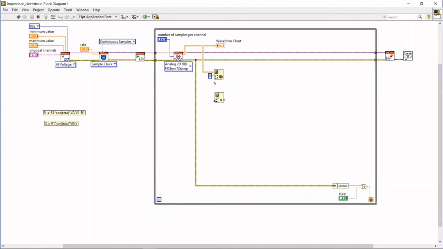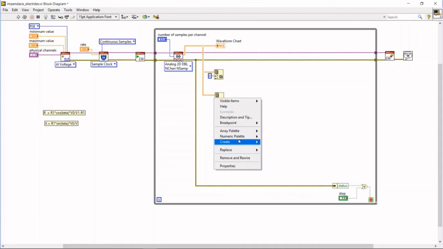I'm going to use the same function, only I'm going to select the data from the second row. Okay, now we have VA and VB as our outputs.